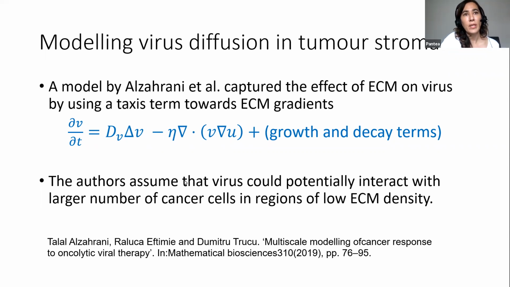The authors assume that viruses can interact with a larger number of cancer cells in regions where ECM is low. So where ECM is low, you have a lot of cancer cells, considering that the tumor is quite dense. Therefore the viruses are going to follow these gradients to where ECM is low and cancer cells are high. Both of these models were able to capture experimental results really well.